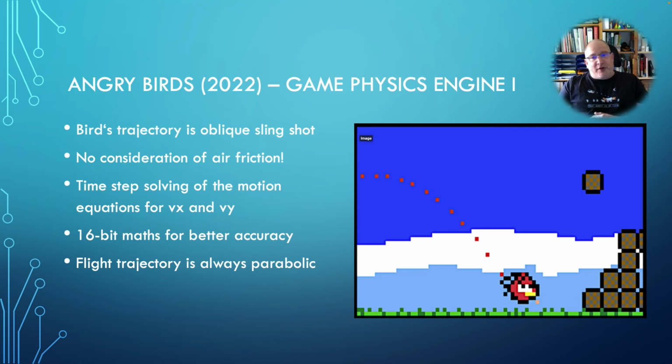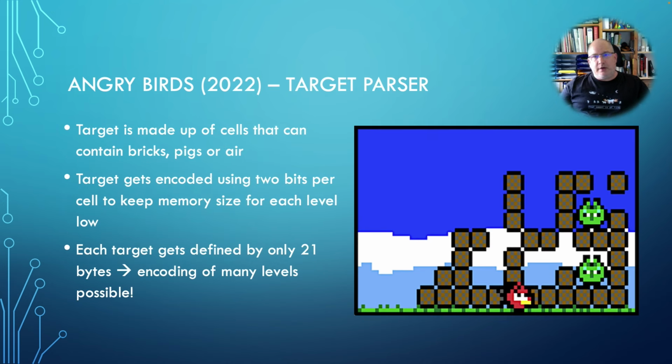I first tried to do it with 8-bit maths, but that did not work well. So I needed to switch to 16-bit math for better accuracy of the bird's flight trajectory and the target hit algorithm. The flight trajectory is always parabolic using this approach.